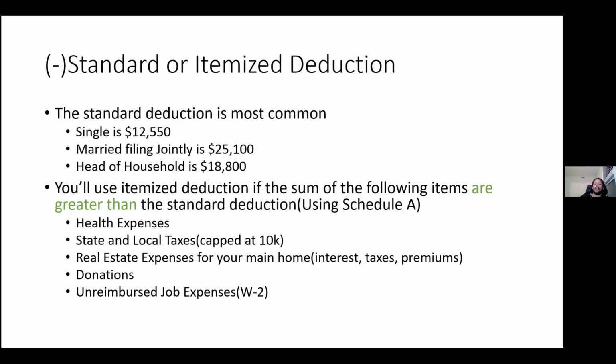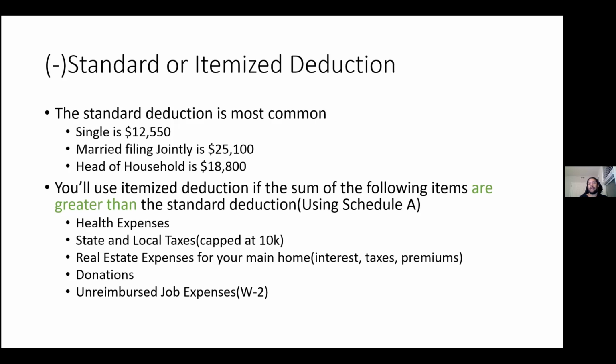So I have down here, you'll use the itemized deduction if the sum of the following items is greater than the standard deduction. Use the Schedule A. So basically, you'll want to use the higher of either your standard deduction or the sum of your health expenses and your state and local taxes. Your state and local taxes is generally when you get a paycheck, you'll pay federal taxes out of it, but you'll also pay something to, I live in Pennsylvania, so I'll pay 3.07% to Pennsylvania.